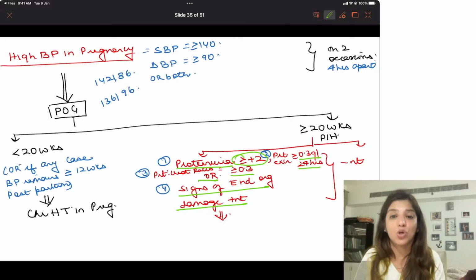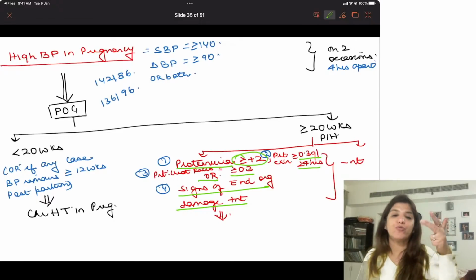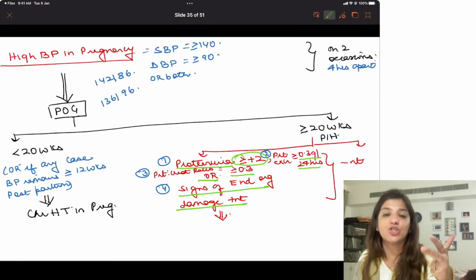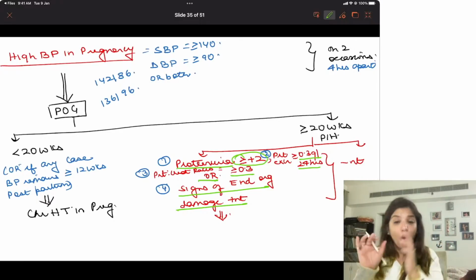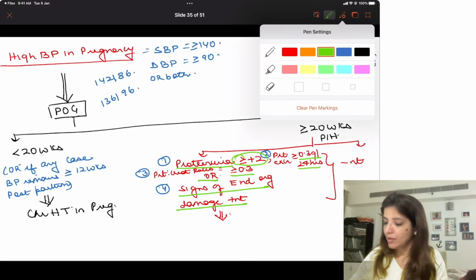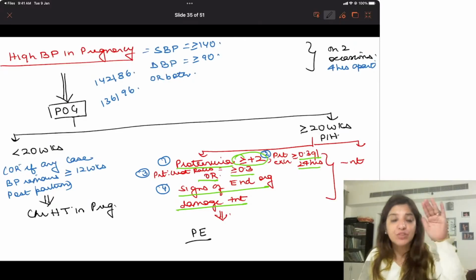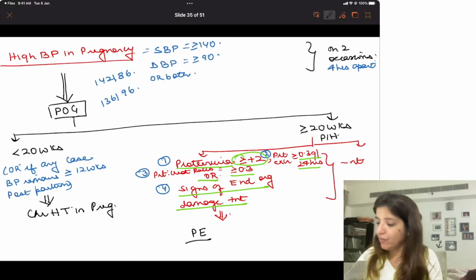Any of these three things your question is going to tell you whenever they have to talk about proteinuria. Or there will be signs of end organ damage. Then you say that you are dealing with a case of preeclampsia. If these are absent, then we say we are dealing with a case of gestational hypertension.